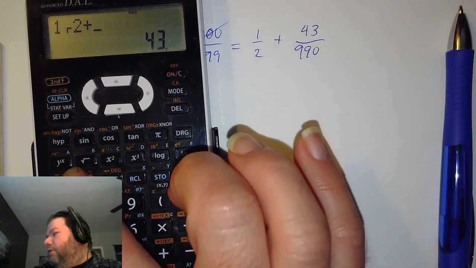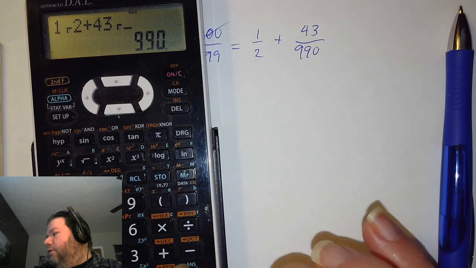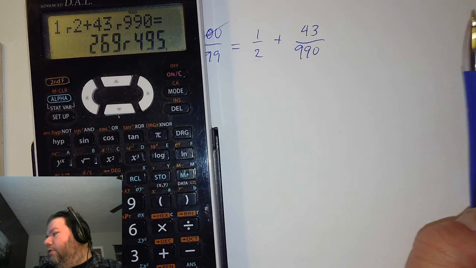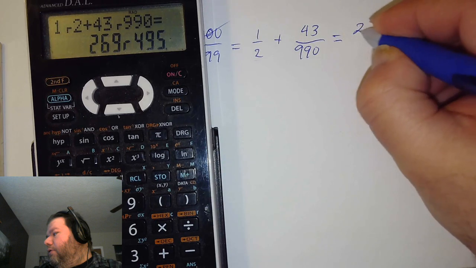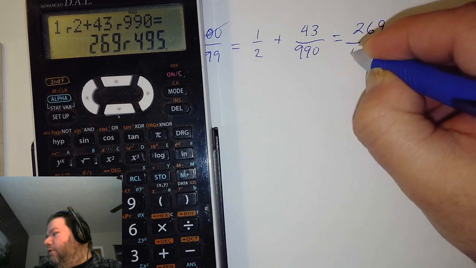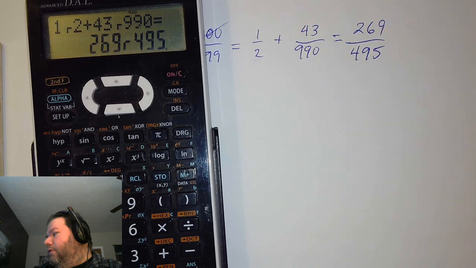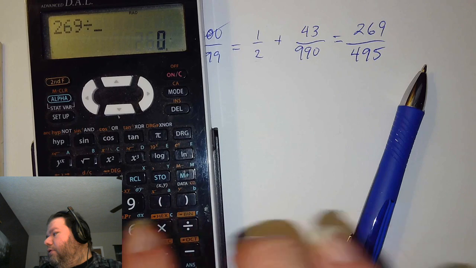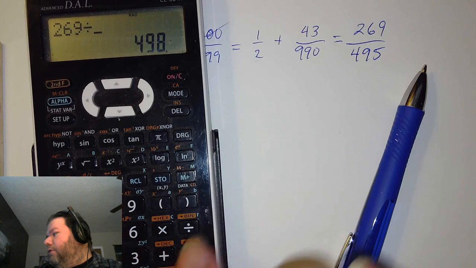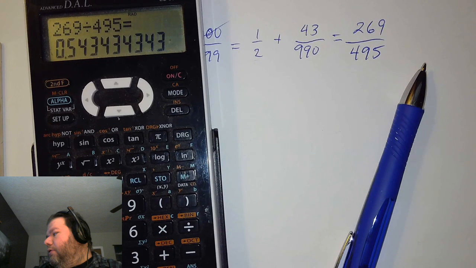Well, I don't know why we wouldn't have suspected that. 269 over 495. Okay. And if we actually divide those, 269 divided by 495, we see our pattern emerge, 0.543434343.